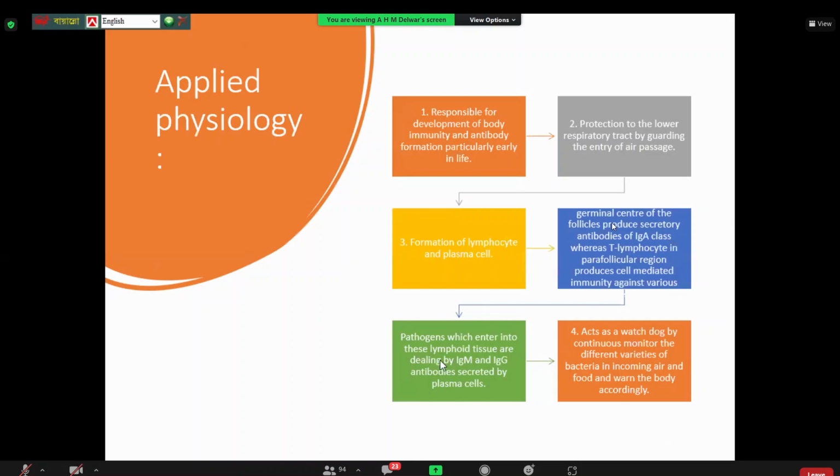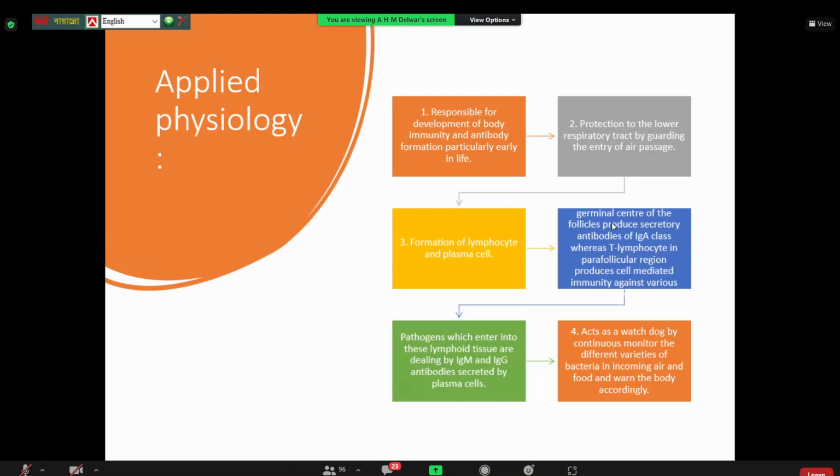Pathogens which enter this lymphoid tissue are dealt with by IgA and IgG antibodies secreted by plasma cells.